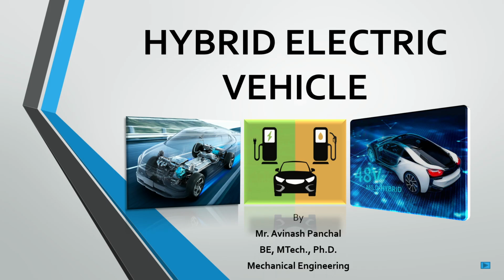As an alternate power unit, we mostly use an IC engine or CI engine as the alternate power source. That's why it is called a hybrid electric vehicle, because we are using not only electrical power, but also other power, that means gasoline engines or any other.